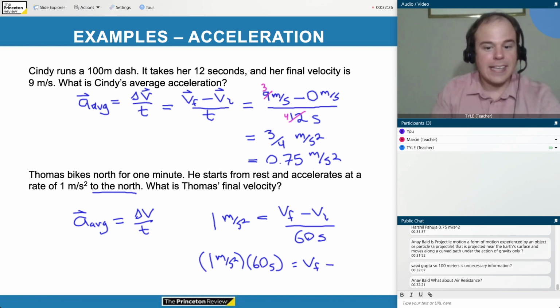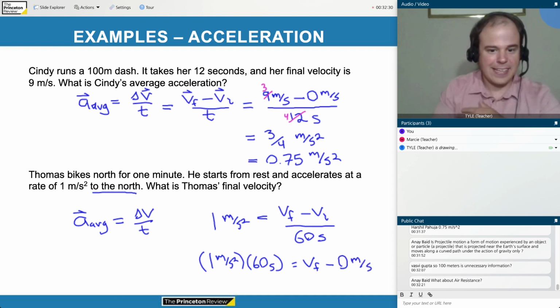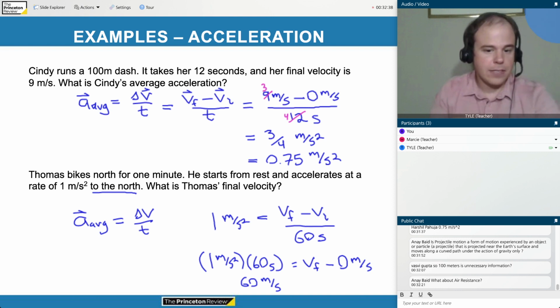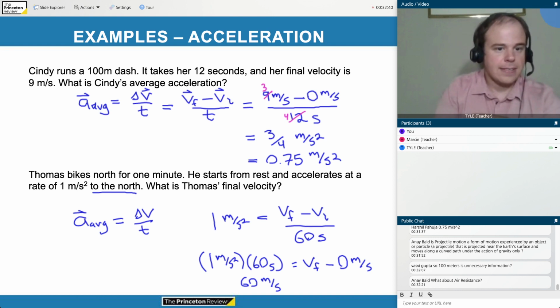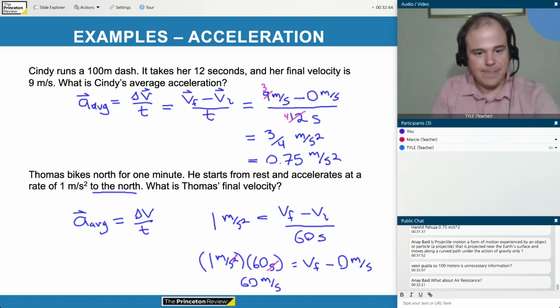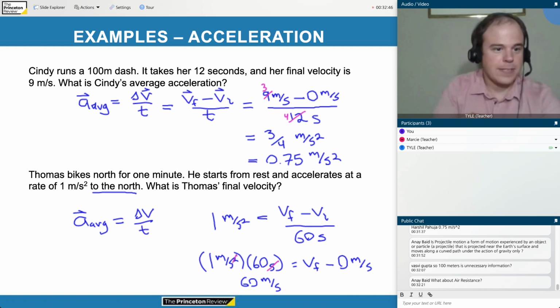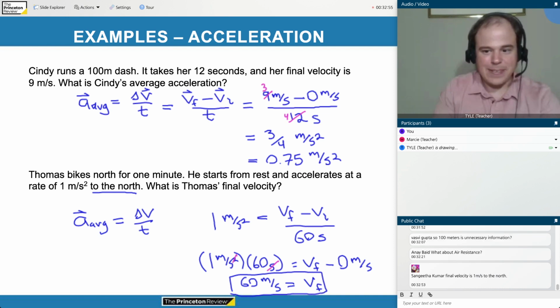And we actually said that Thomas started from rest, so v final minus 0 meters per second. 1 times 60 is 60, so 60 meters per second. And the units are meters per second now because the seconds here canceled with one of the seconds in the denominator of the meters per second squared term, equals Thomas's final velocity. So it says he's going at 60 meters per second.